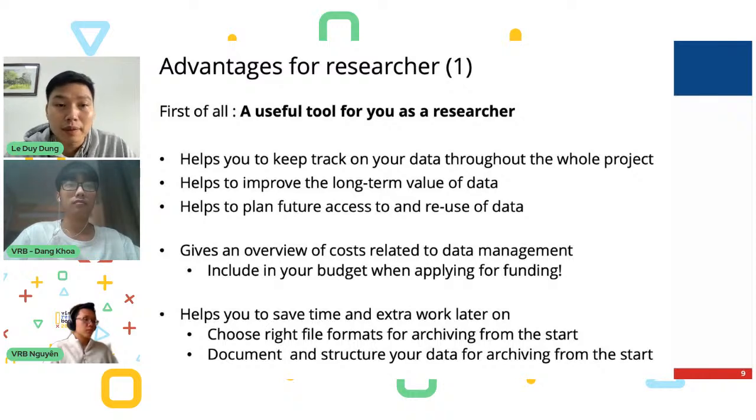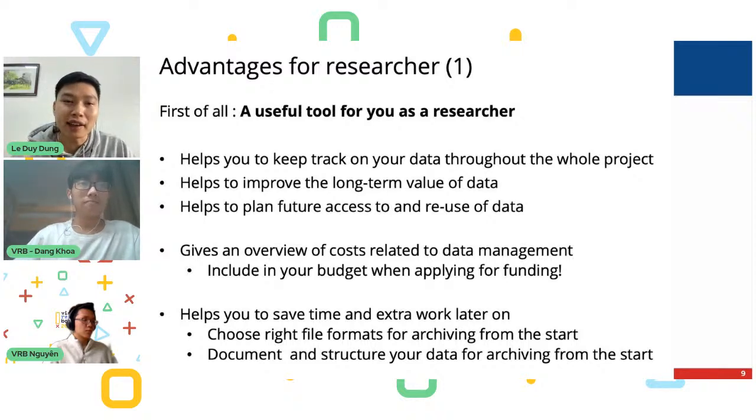And it also helps you plan how you're going to share this data with the research community, with your peer researchers, right? That is important because in the research world, whether other people can reproduce the research result that you report is very important. It's how other researchers can verify whether the number that you report is correct or not, right?